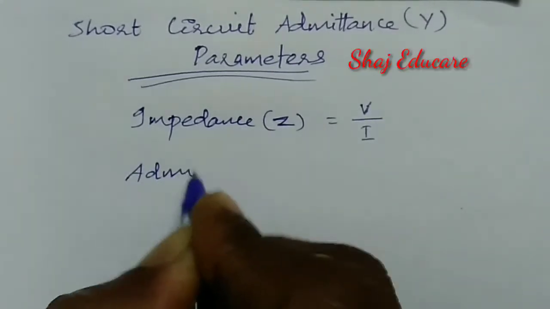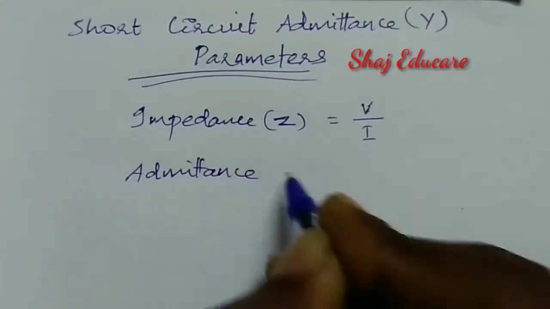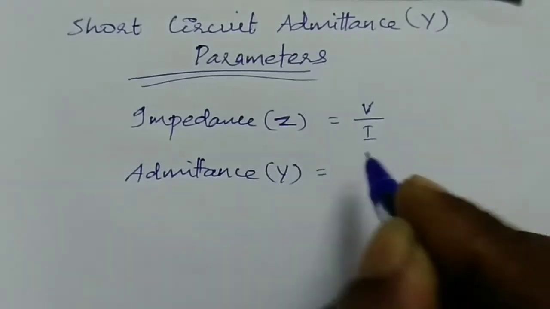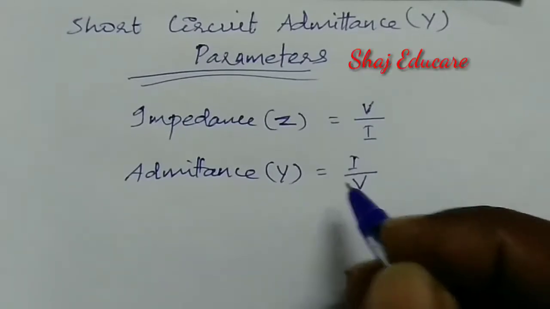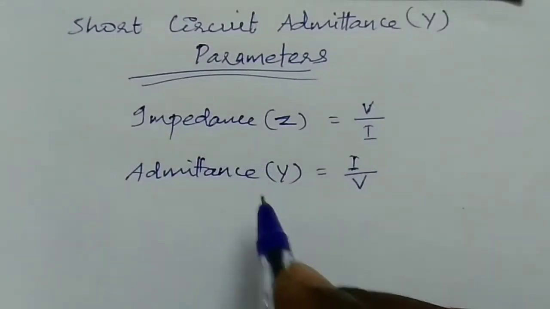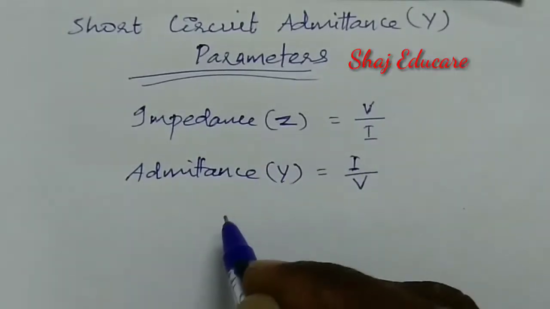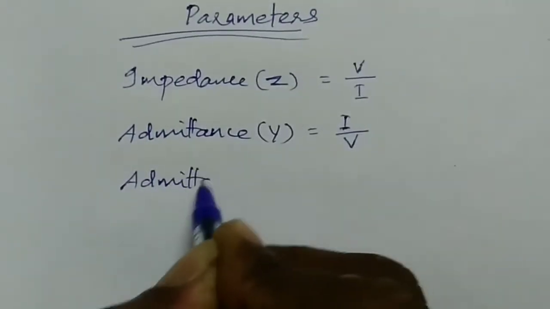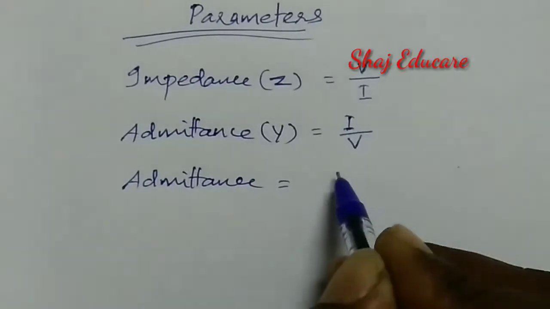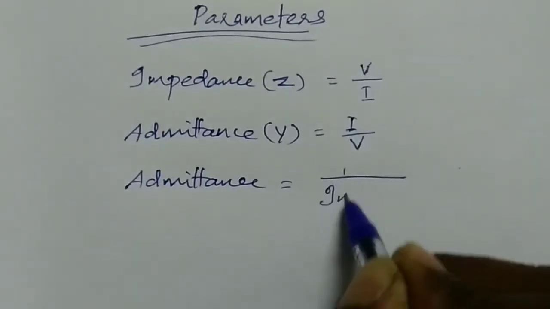Admittance Y is equal to I by V. That is the relationship between impedance and admittance. Otherwise, we can say that admittance is equal to 1 by impedance.